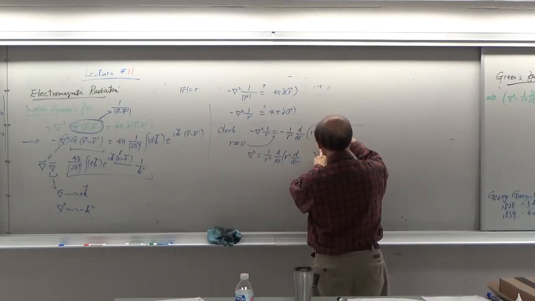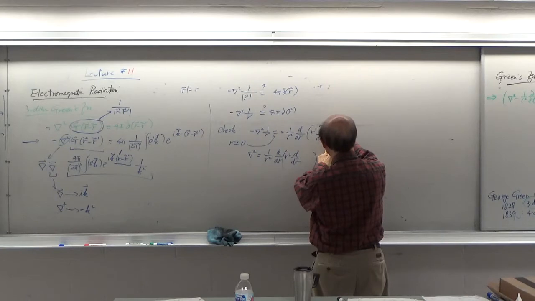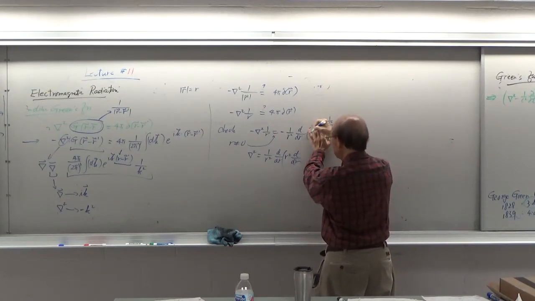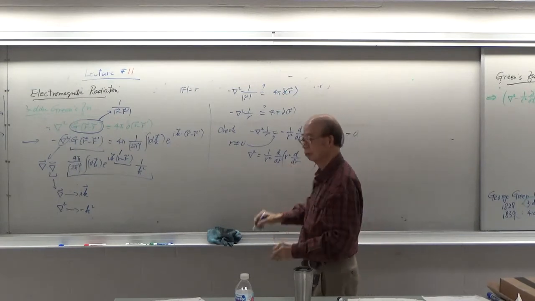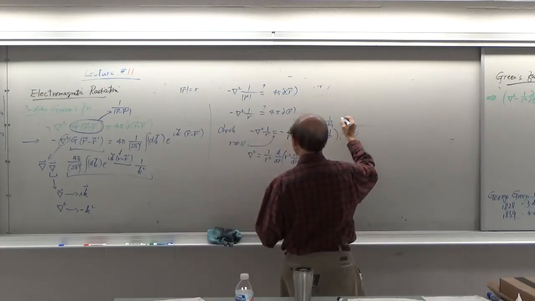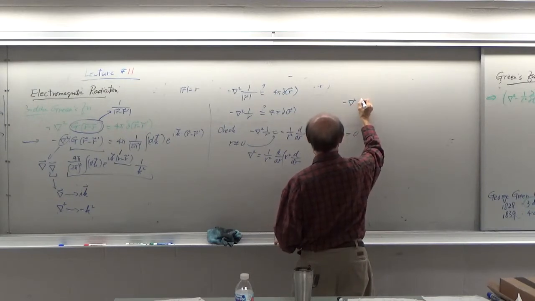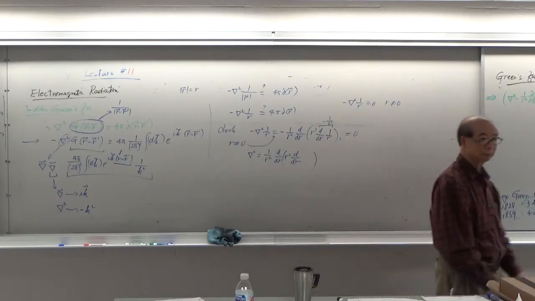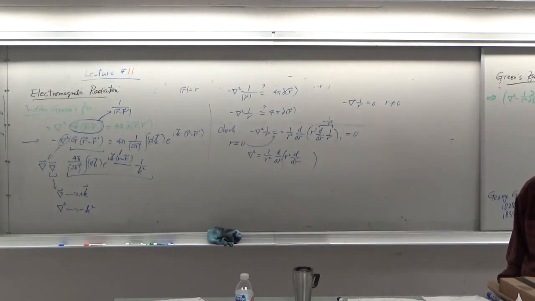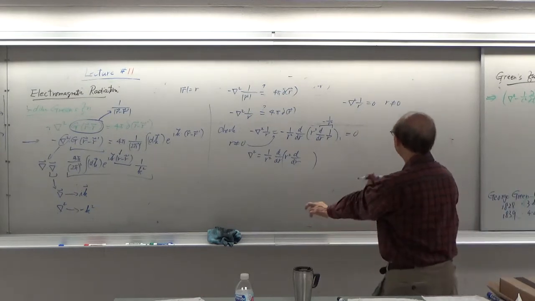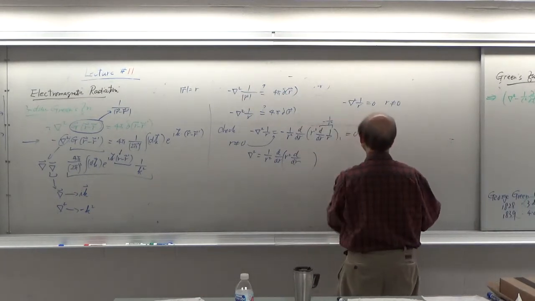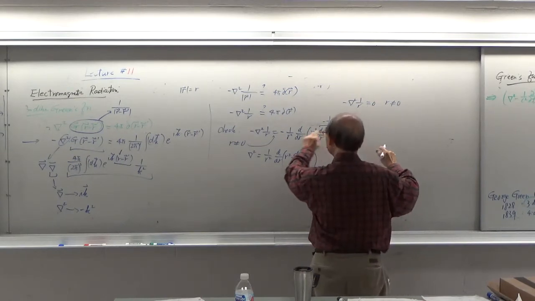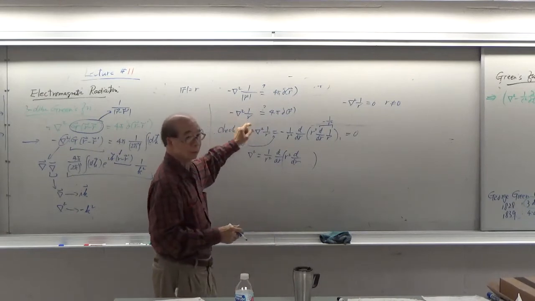This is given by 1 over r squared times the minus sign; r squared cancels r squared, so this is constant. D by dr acting on a constant is 0. So minus Laplacian acting on 1 over r is equal to 0 for r not equal to 0. That looks good. Next, how about we look at r going to 0? Then this 1 over r diverges. It's not meaningful.